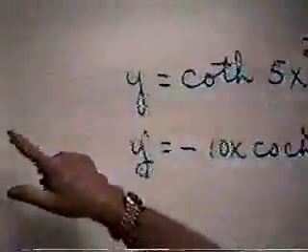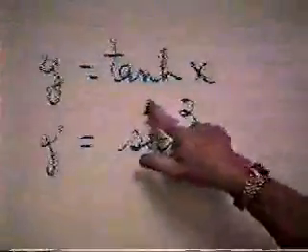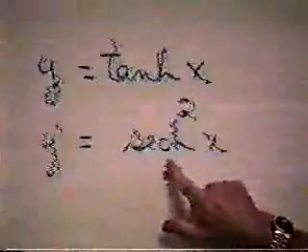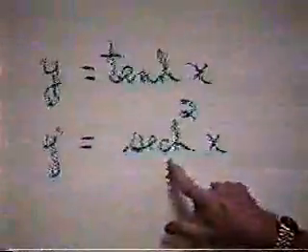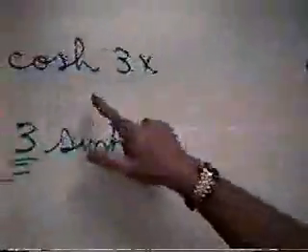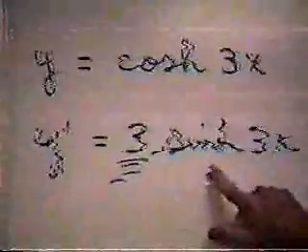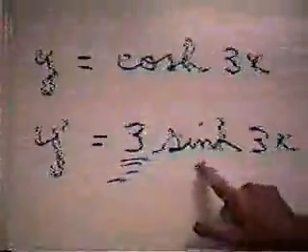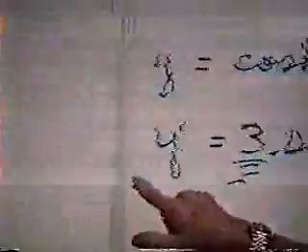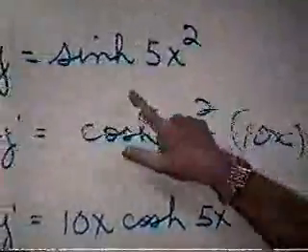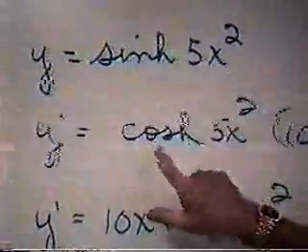The derivative of hyperbolic tangent is hyperbolic secant squared. The derivative of hyperbolic cosine is hyperbolic sine. And the derivative of hyperbolic sine is hyperbolic cosine.